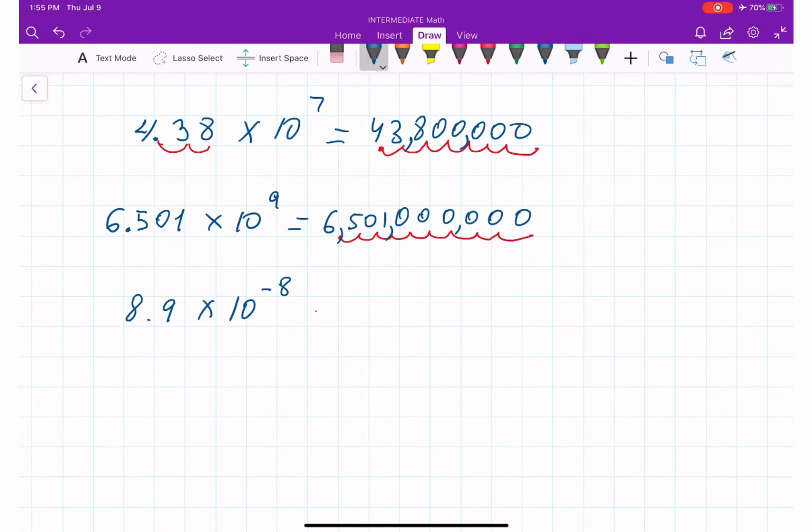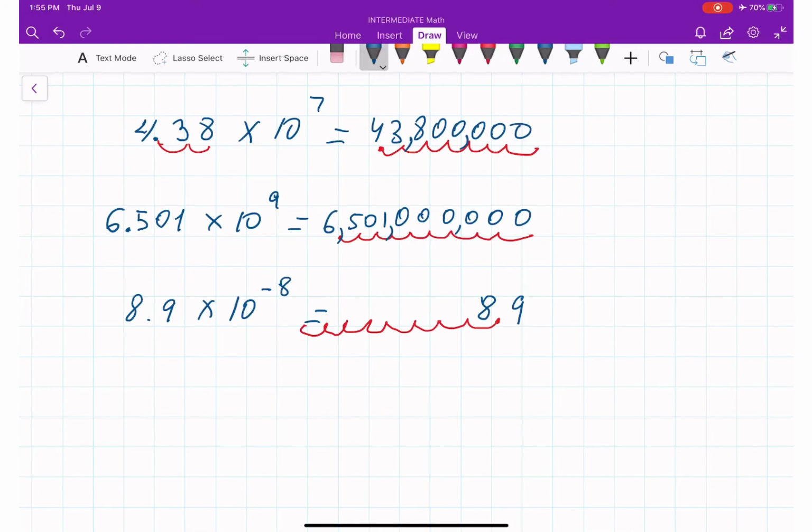So that is equal to 8.9. I'm writing it down here because I have to go to the left, right? Because I'm going to divide by 10 to the 8. So my position was here, right? 8.9. So I'm going backwards. 1, 2, 3, 4, 5, 6, 7, 8.